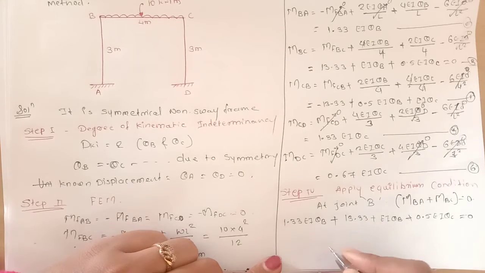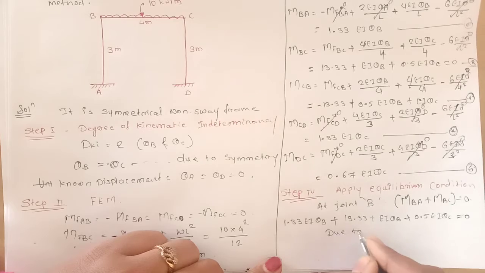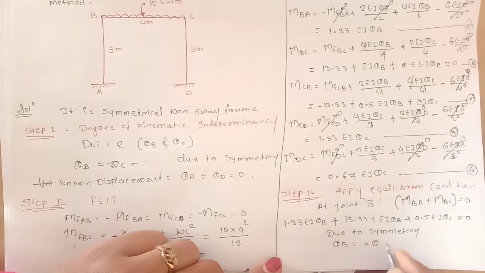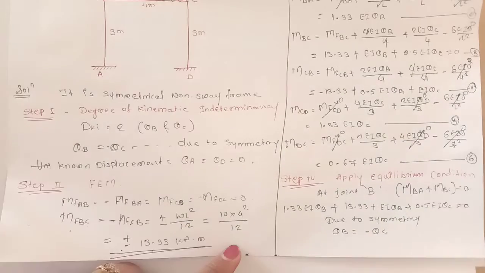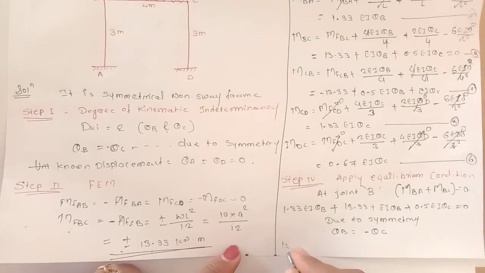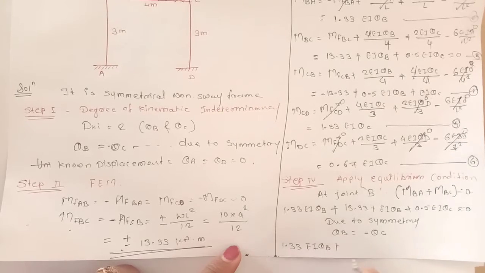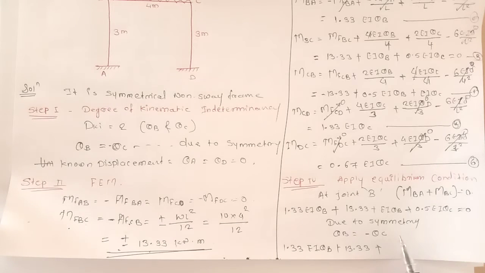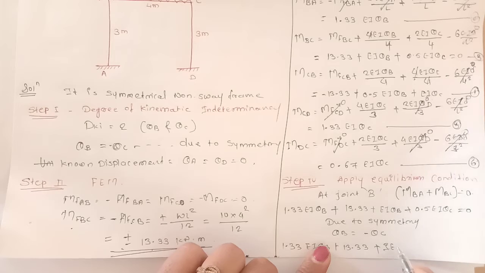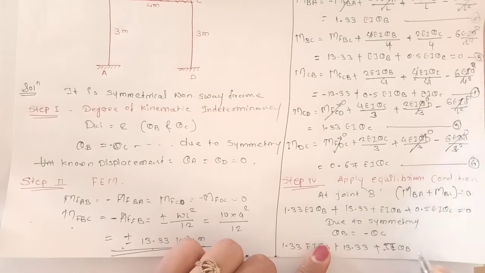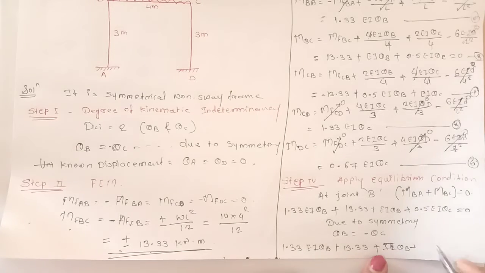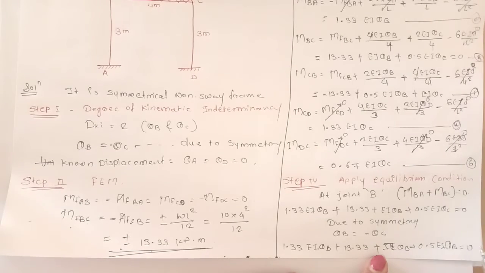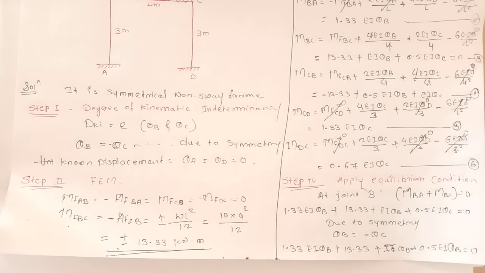Then next, due to symmetry, theta B is equal to minus theta C. So the equation is 1.33 EI theta B plus 13.33 plus, here theta B is equal to minus theta C, so we take EI theta B minus this 0.5 EI, because of the symmetrical frame.